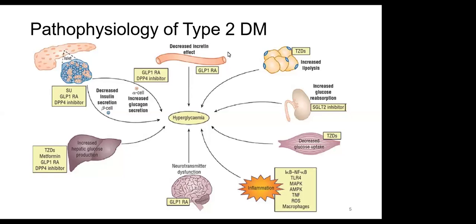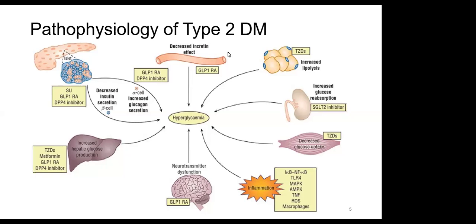So if there is a decrease in the incretin hormones, mainly glucagon-like peptide 1, then we may also have a scenario of hyperglycemia. Then the other thing, obviously, is insulin resistance.